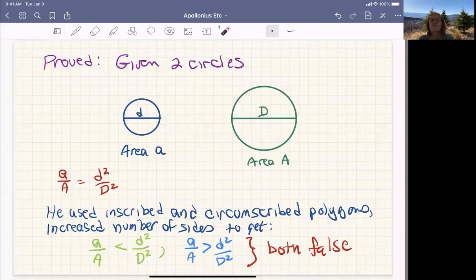Since both inequalities are false, there's only one thing left. They must be equal. Neither one is less than the other, so they must be equal to each other. By the way, in modern terms, we would say that we're using the trichotomy property. So you might have seen that in other classes.